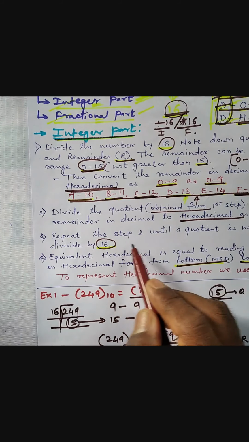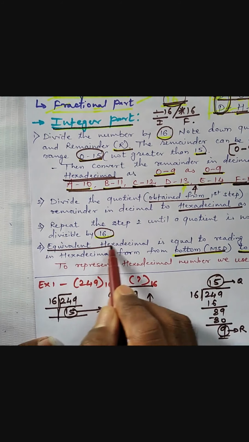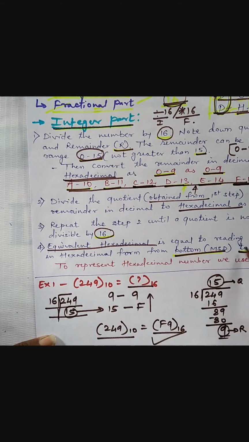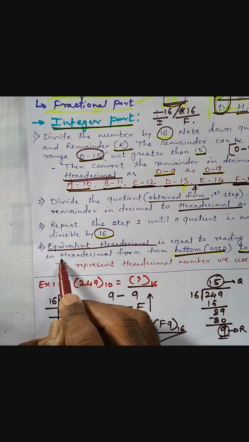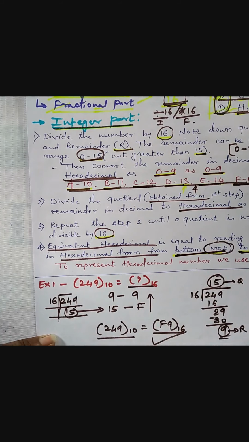So we have to see whether the final quotient is less than 16 or is further divisible by 16. Then the equivalent hexadecimal number is obtained by reading the remainders in hexadecimal form from bottom, which becomes the MSD, to top, which becomes the LSD.